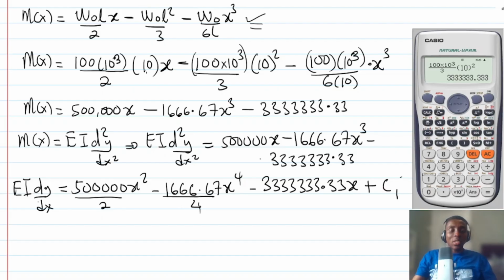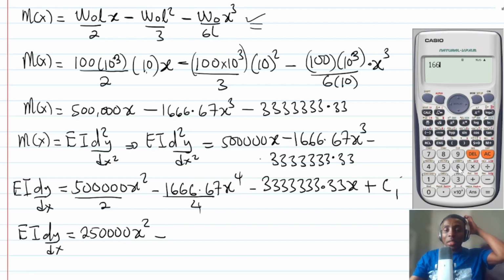So this is actually the slope equation. EI dy dx should be equal to 500,000 divided by 2, which will be 250,000 x squared, no two ways about that. Minus, let's do this one, 1666.67 divided by 4, and that's 416.667.